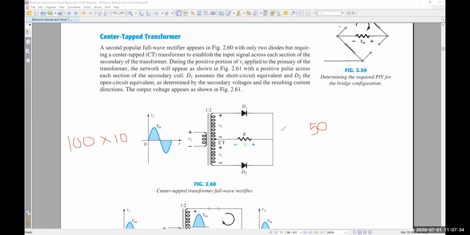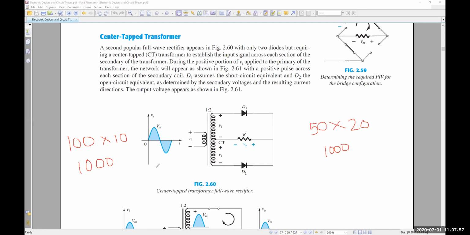Step down, right? If I make it 50, will they remain equal now? No, right? So I have to make the current double. So let's make it 20. If you multiply this, the result will be 1000. If you multiply this, your result will be 1000 again.